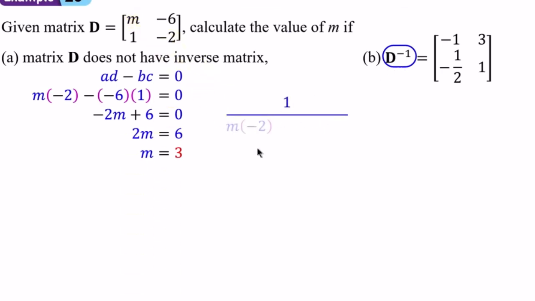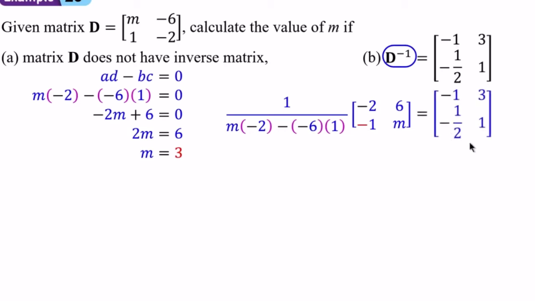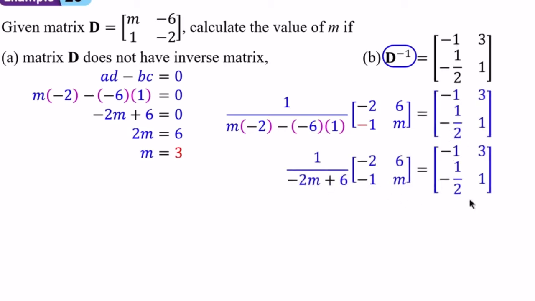Let's see, if we try to solve, the matrix is M, negative 2, negative 6, 1. So we will try to solve for the inverse matrix. We have to change the positions, and then we do a comparison because the inverse matrix was given.